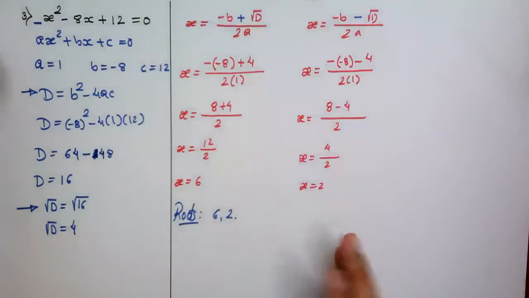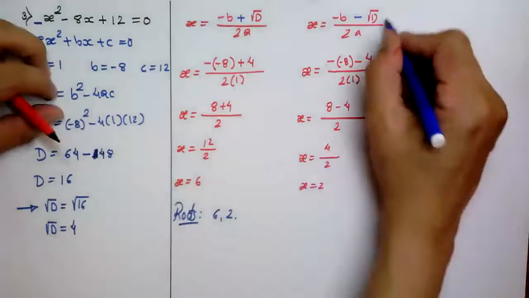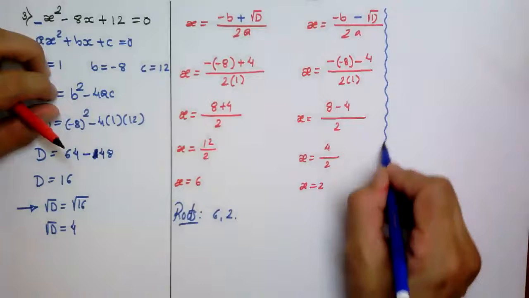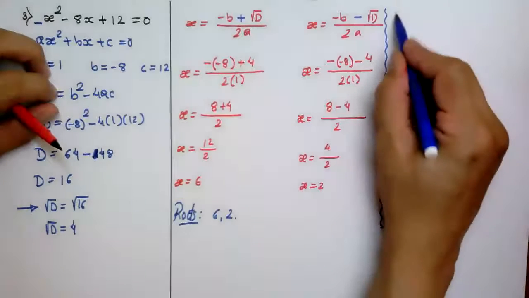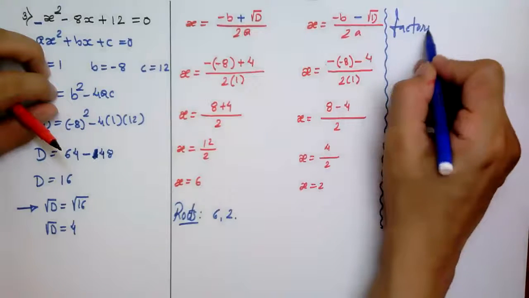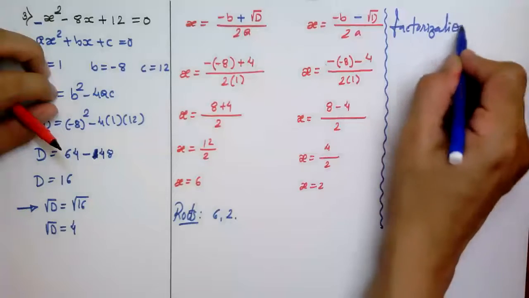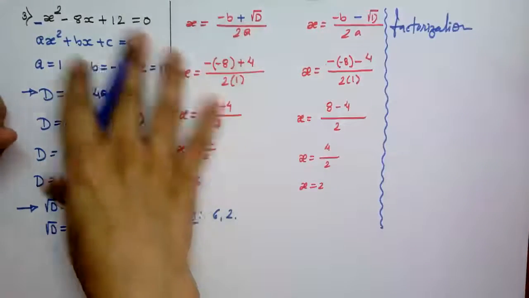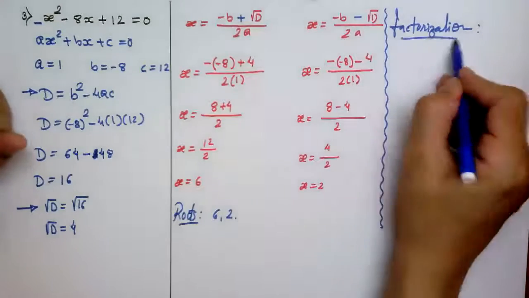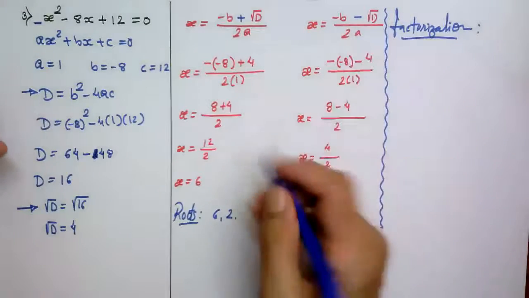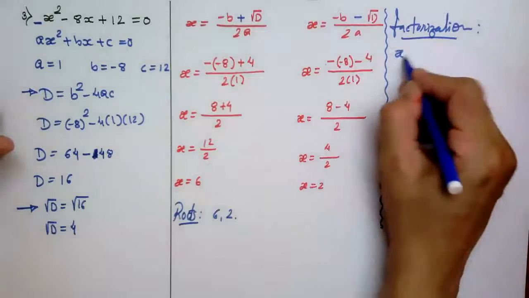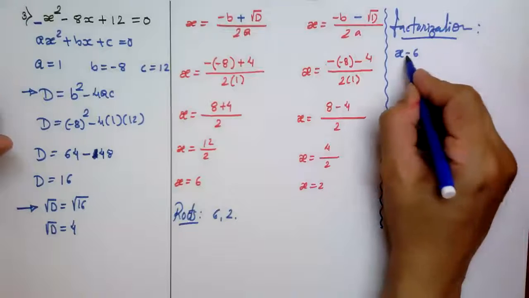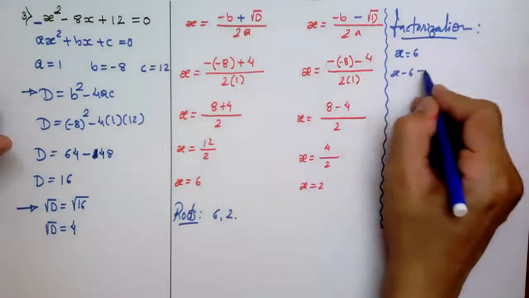You can use it for the factorization. See, the factorization and finding the roots are very different methods, even though we can use the same formula over here. X equal to 6, so I can get x minus 6 equal to 0.